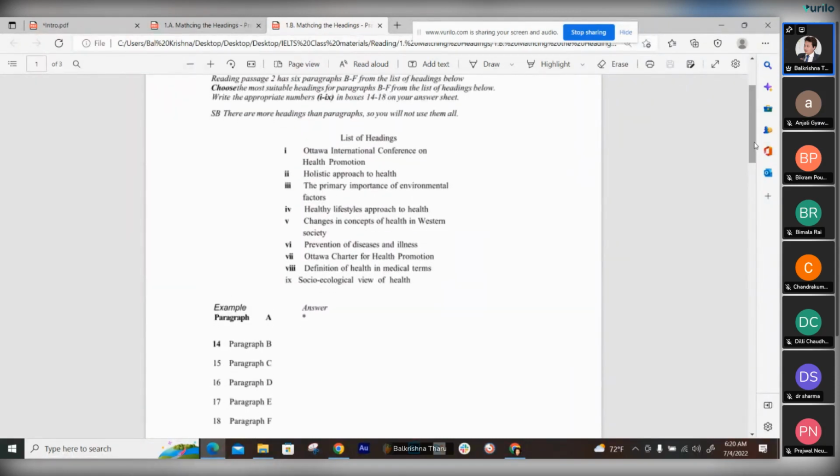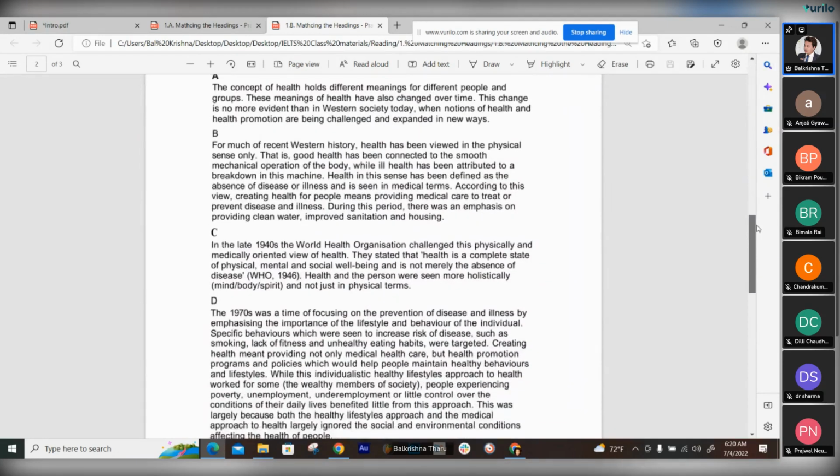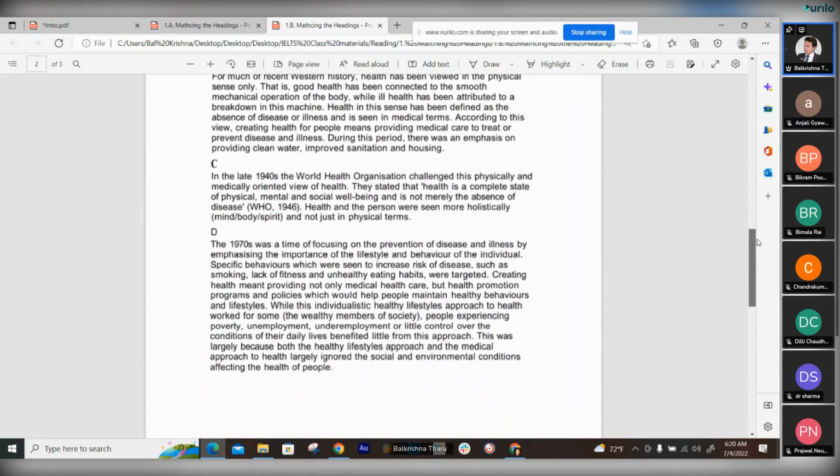There you are. So we've got the list of the headings and we have paragraphs here. So we've got to match these. So paragraph B. Which paragraph are we talking about? Well, this is the passage.